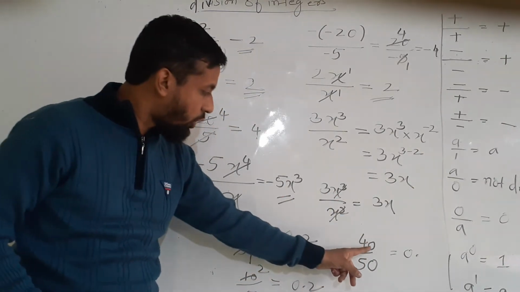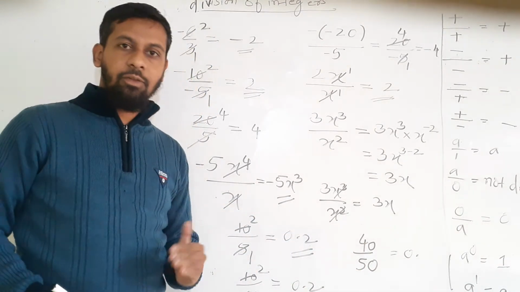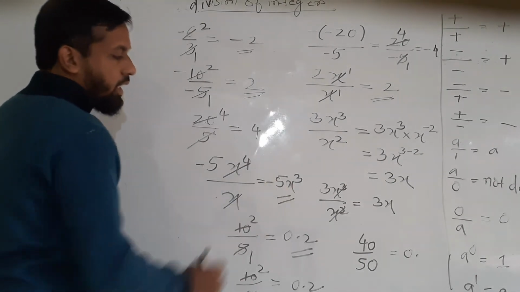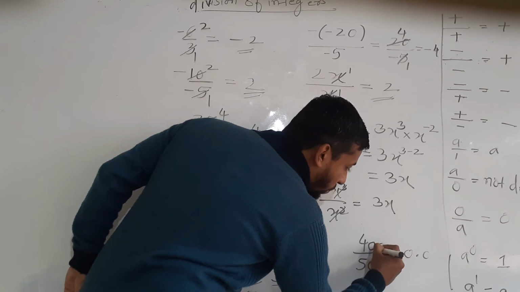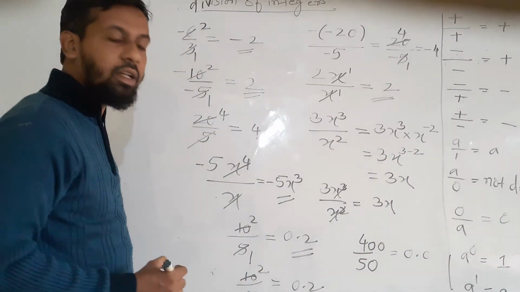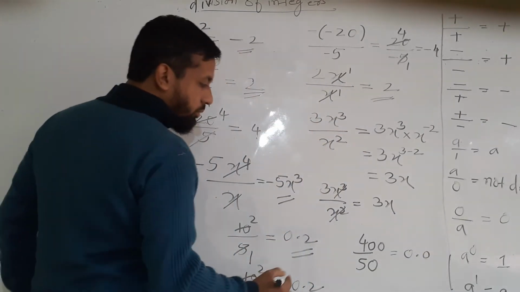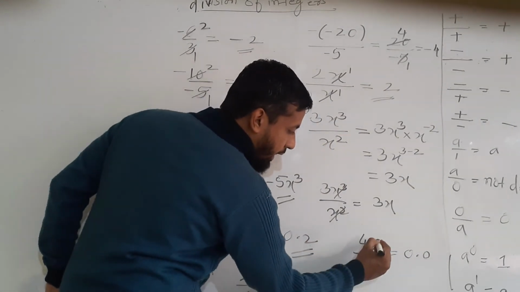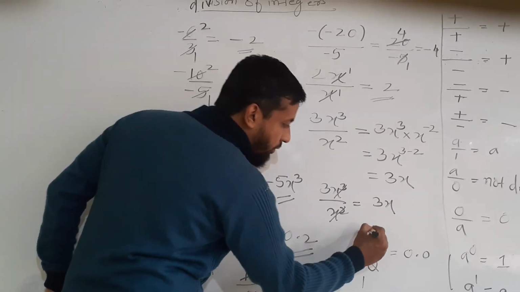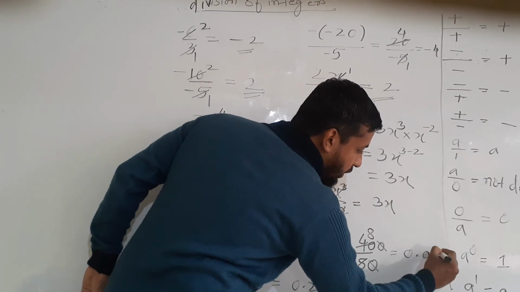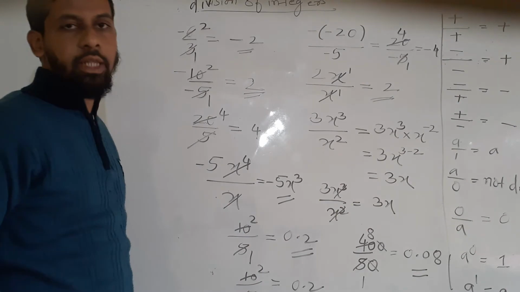Again, after taking 0 here, numerator is less than denominator. If it is like this, then you have to increase 1 0 here, also 1 0 here. This is important. Now, this 0 and this 0 get cancelled. 5 eights are 40. Answer will be 0.08. This is how we have to solve that one.